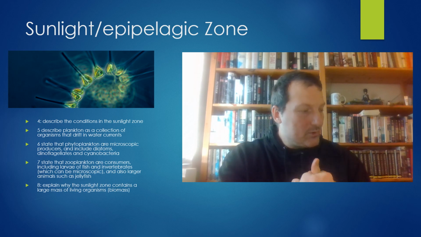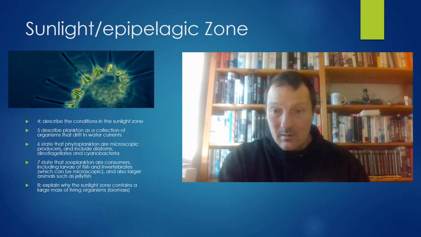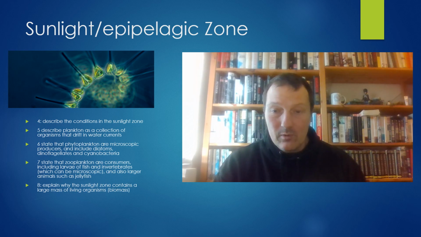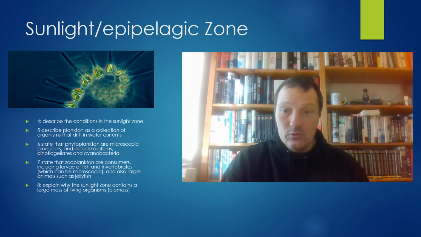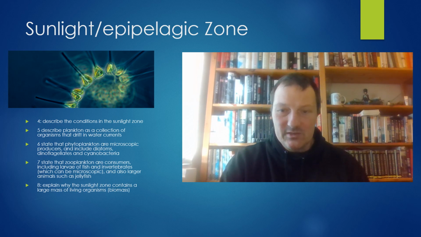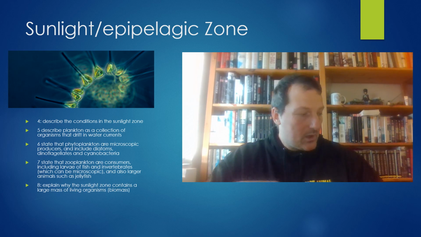So we will see the plankton up here, both the phytoplankton and the zooplankton. They are super important food for many animals. That can be small fish, but you also see huge animals such as whales, who sometimes will eat krill, these very small crustaceans, which are a type of zooplankton.